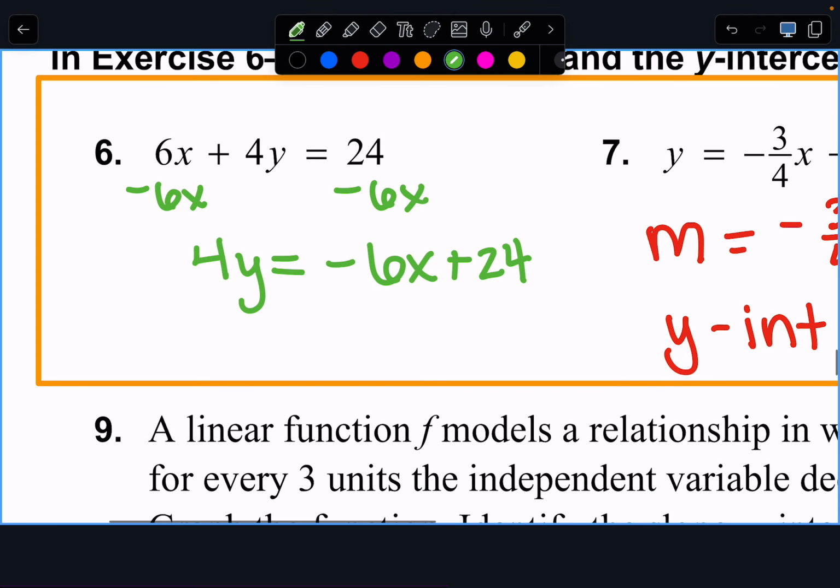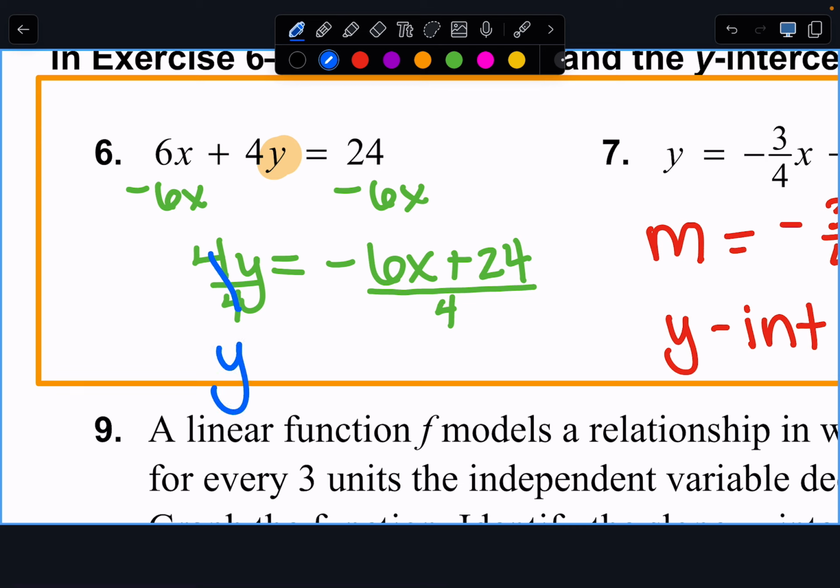I'm solving for y. I'm getting y all by itself. We're going to divide both sides by 4 to get y by itself.